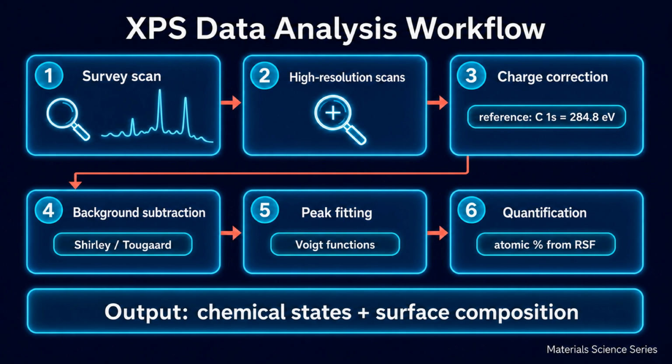Fit peaks using constrained Voigt functions with chemically reasonable parameters. Finally, quantify using sensitivity factors. Decision points include checking for sample charging and evaluating fit quality through residuals. This systematic approach produces reproducible, publication-quality results.